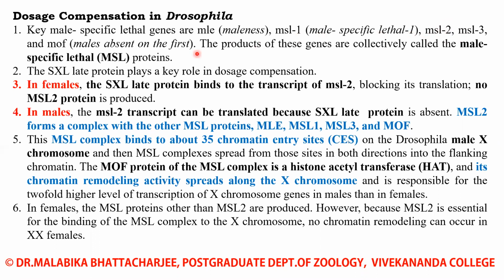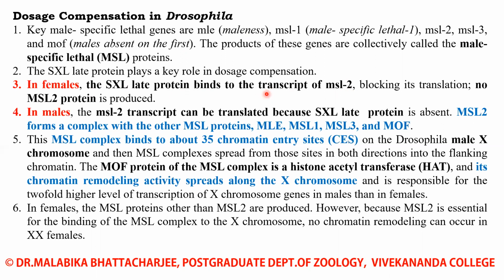These genes are present in both males and females. Now, in case of females, SXL late protein is there, which can bind to the transcript of the MSL2 gene. But in males, the SXL late protein is not there, as a result of which the MSL2 transcript is free. So that is the difference that is occurring.